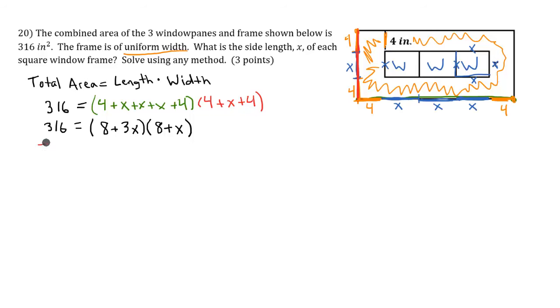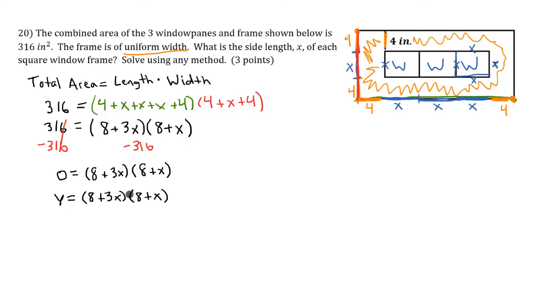So I'm going to take away 316 from both sides, because we want to set it equal to 0 so that we can graph it. Remember, our new equation is y equals this expression, 8 plus 3x times 8 plus x, and let's go ahead and graph it. Actually, there should be a minus 316 in both of these, so I don't want to forget this.